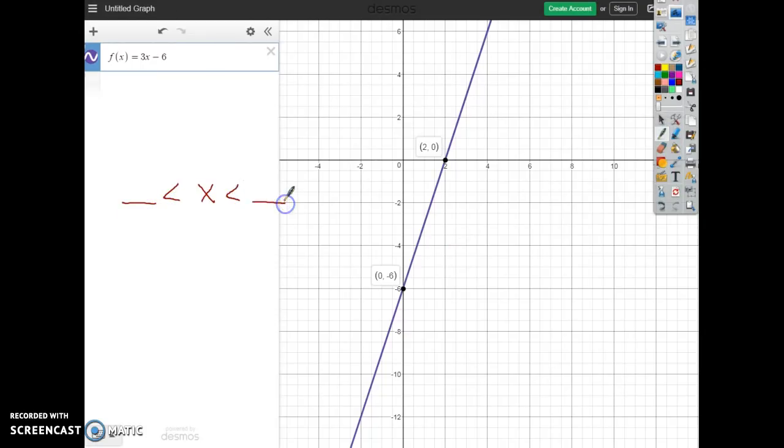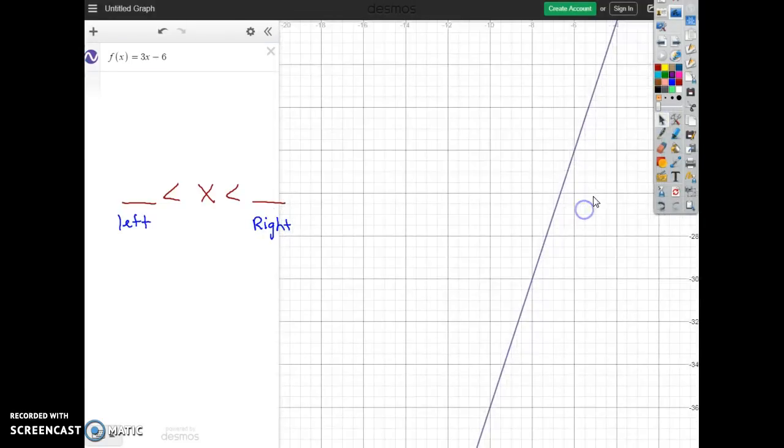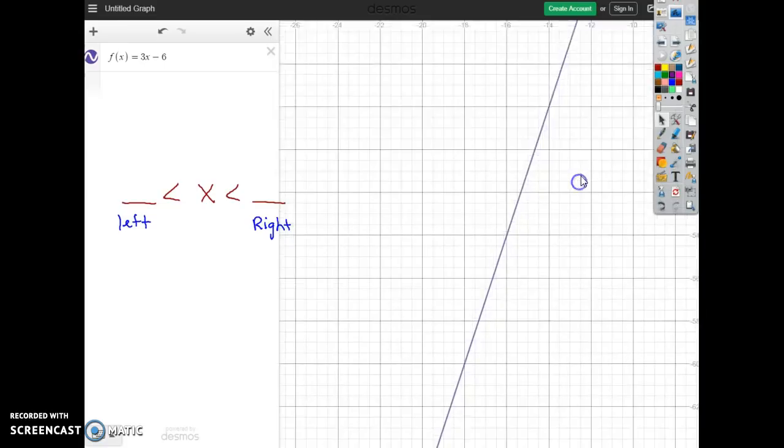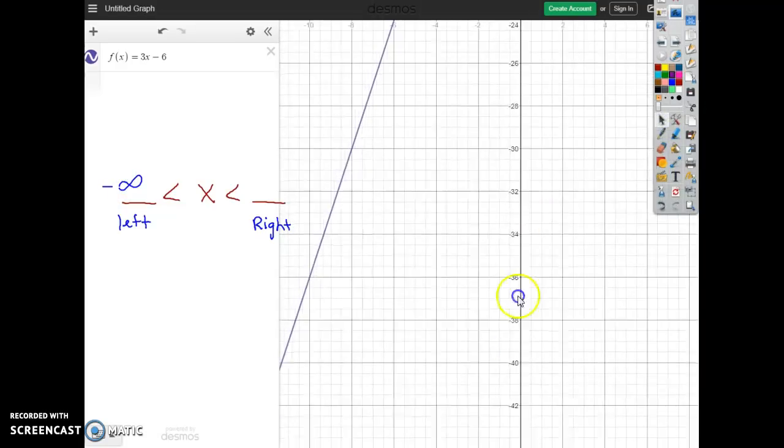First we're going to do the domain. Domain goes from left-most point to the right-most point. So when does this graph stop on the left side? When does it stop on the left? Never, right? So that's negative infinity. So right here we would put negative infinity. And then when does it stop on the right?